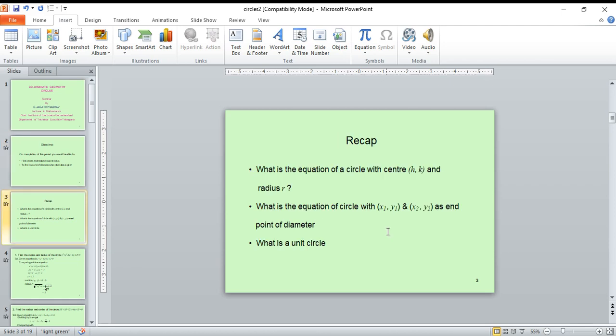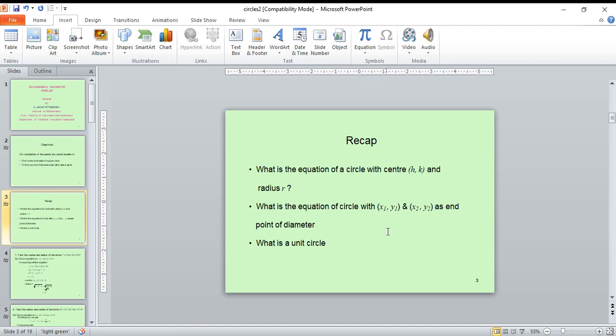Recap. What is the equation of the circle with center (h, k) and radius r? What is the equation of the circle with (x1, y1) and (x2, y2) as end points of the diameter? What is the unit circle? The equation of a circle with center (h, k) and radius r is (x minus h) whole square plus (y minus k) whole square equal to r square.